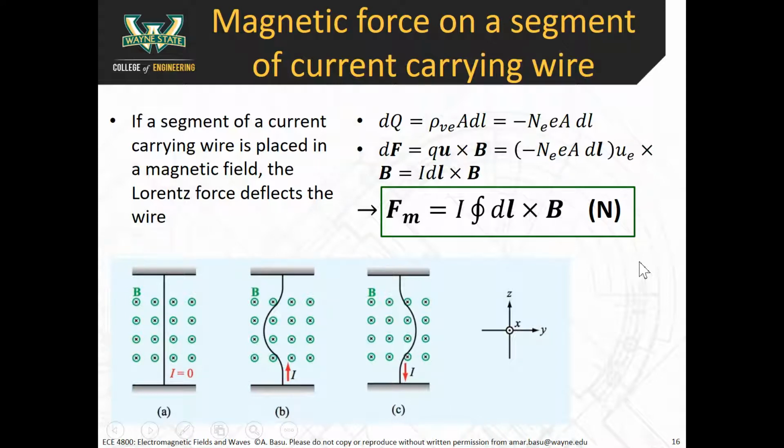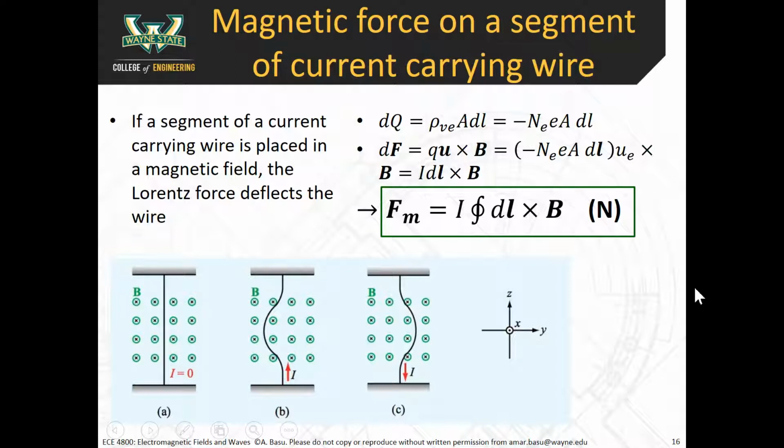So if this integral is dl cross B, dl basically isn't changing. If we're integrating from the bottom to the top, dl is just going to be z hat times dz.